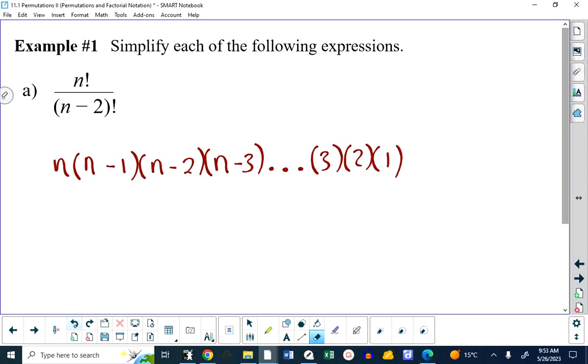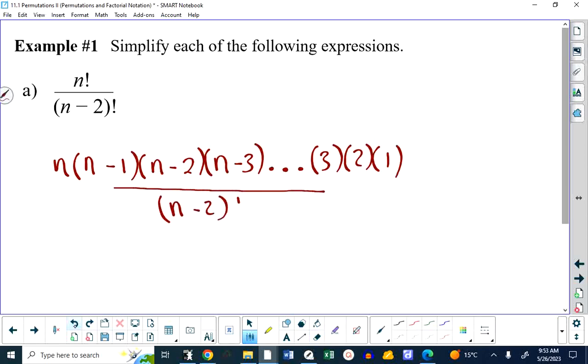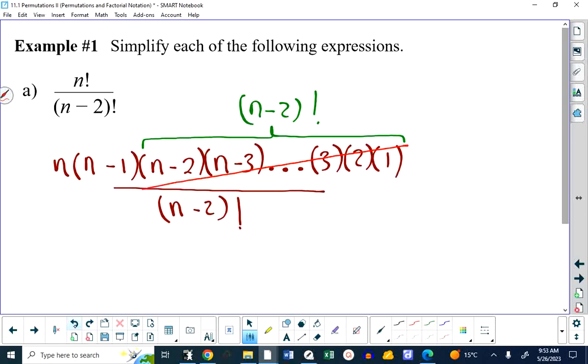Divided by n minus 2 factorial, but n minus 2 factorial is that. So what cancels is the n minus 2 factorial with the n minus 2 factorial, leaving us n times n minus 1. And you could certainly multiply that out and write n squared minus n.